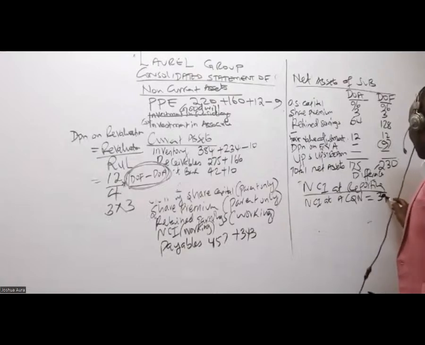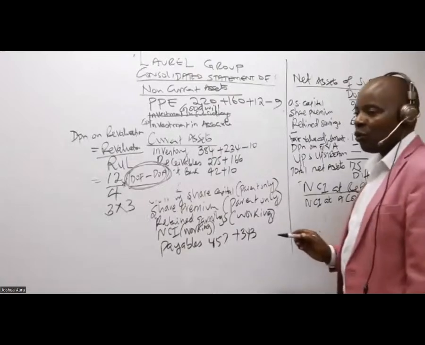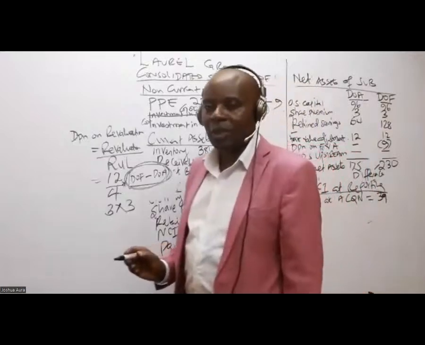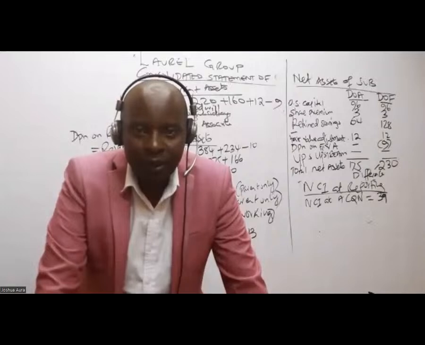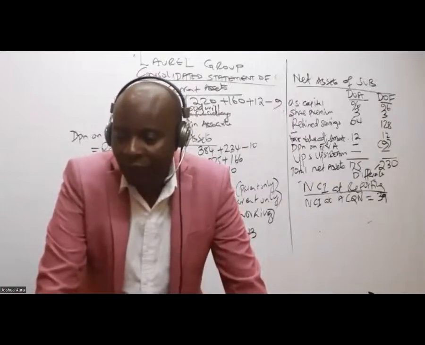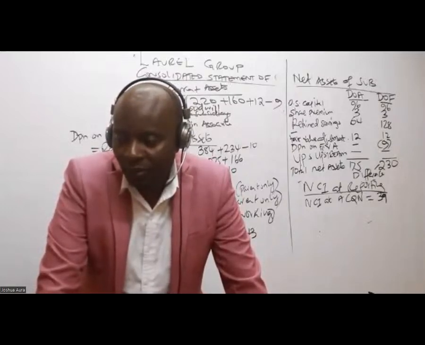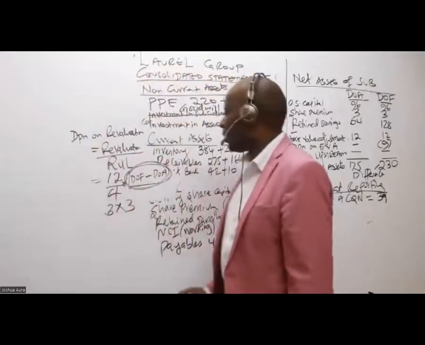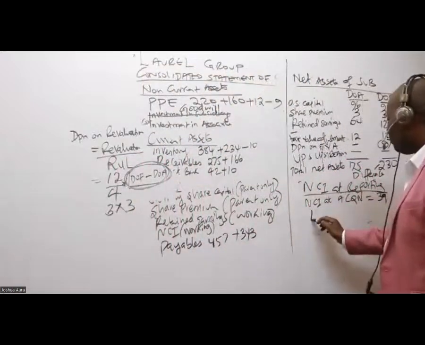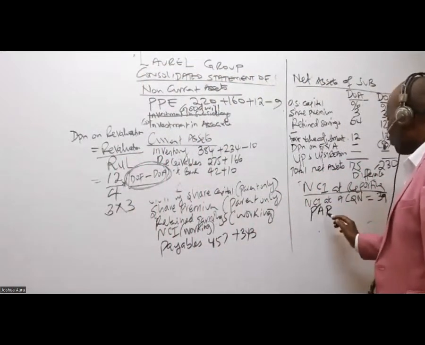And then, of course, we expect this NCI to become bigger and bigger as a result of what? What will increase this NCI's value? The PAP, isn't it? So here we have share of PAP.